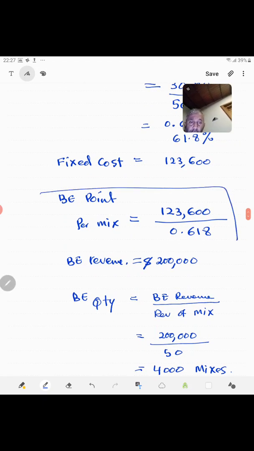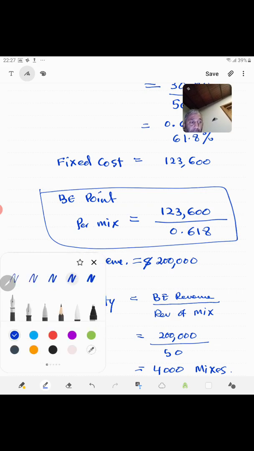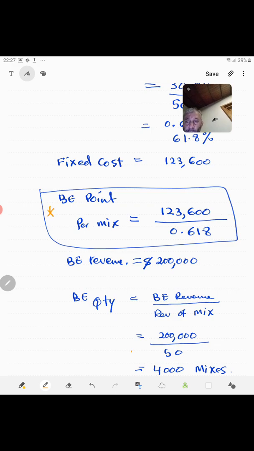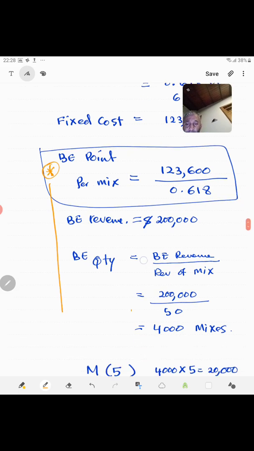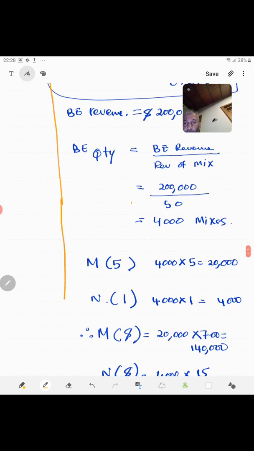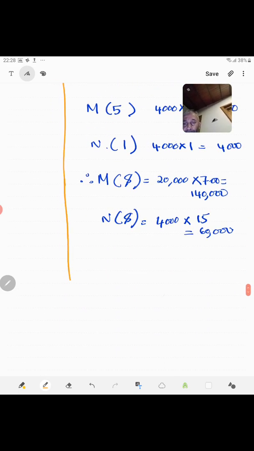Just follow this. Now I need the break-even mix quantity.